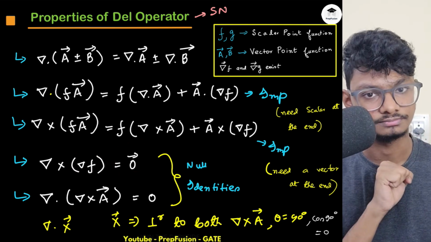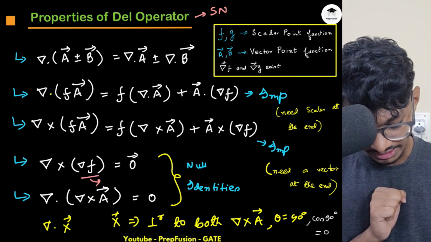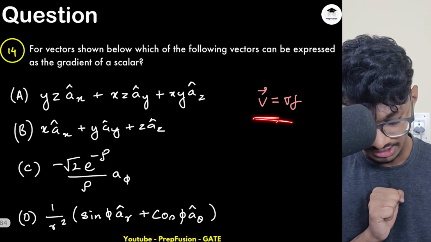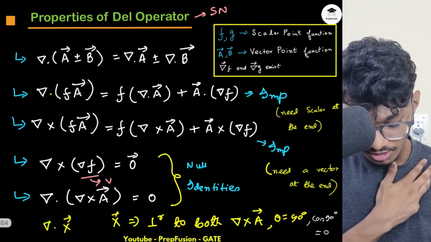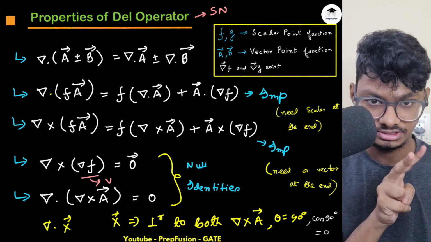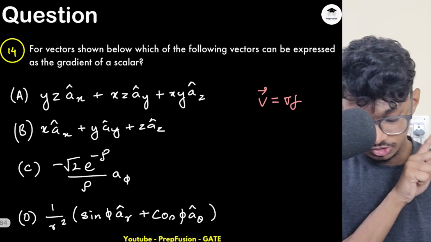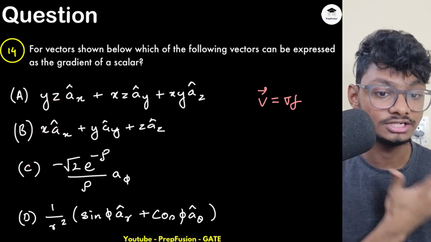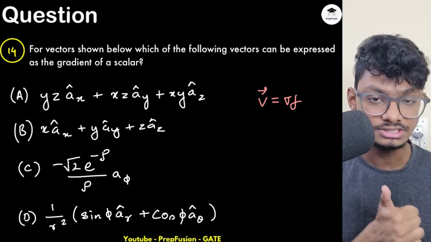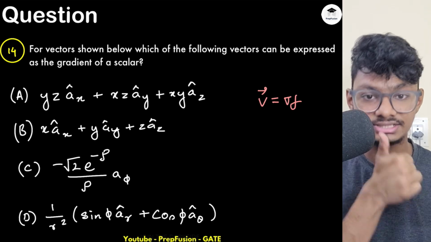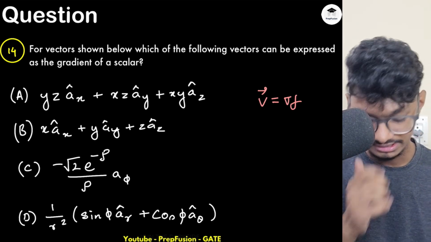In our case, this is the v, because this is what they are asking. So if I take the curl of all these, that should give me null. If I am not getting a null vector, that means they cannot be expressed as a gradient of a scalar function. So I will do exactly that.